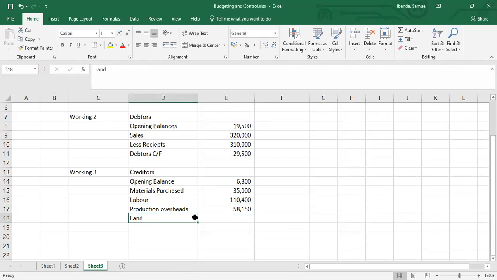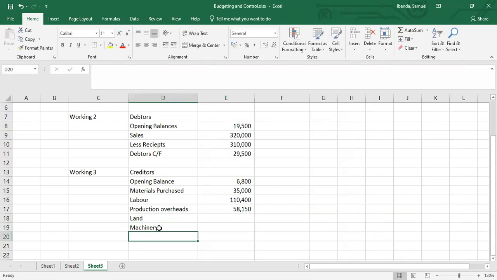So the next I was talking about is land. If you look at the question, they bought some land under Roman numeral number 2. Even before land we have machinery.